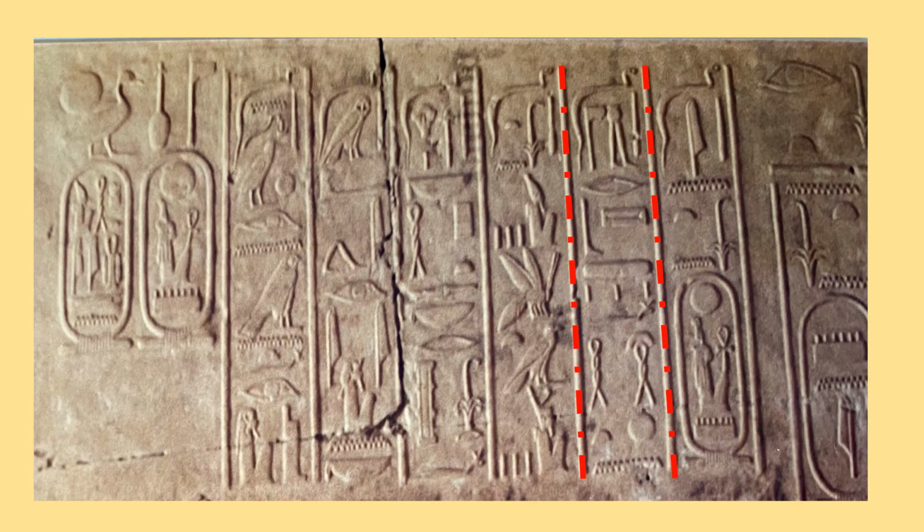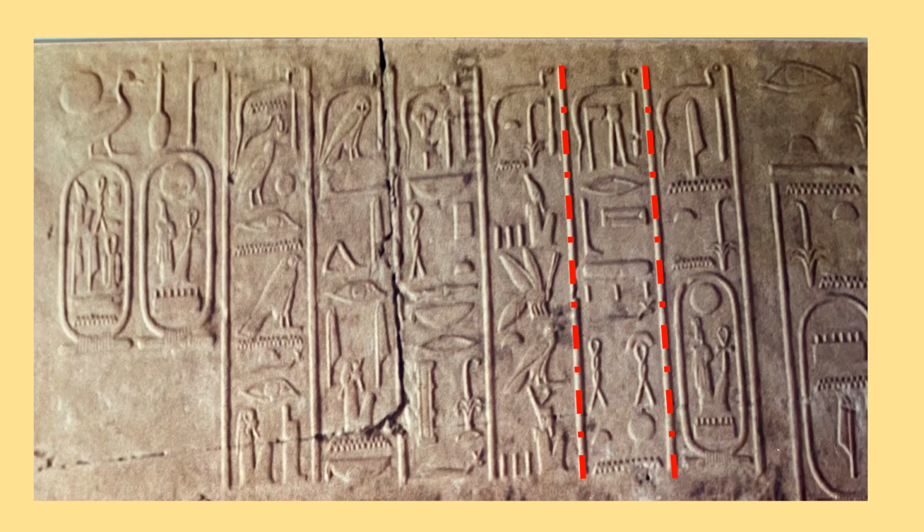Then we have the tongue of sandy land, followed by the plural strokes. So that would give us RSHBU. I don't know how to pronounce that. But again, that represents areas of land.